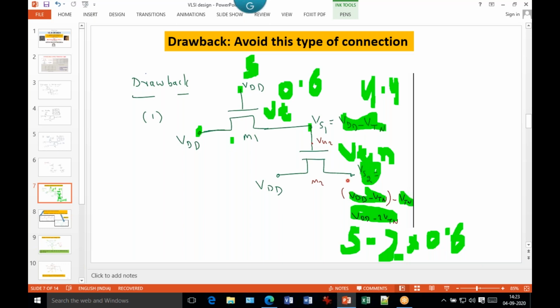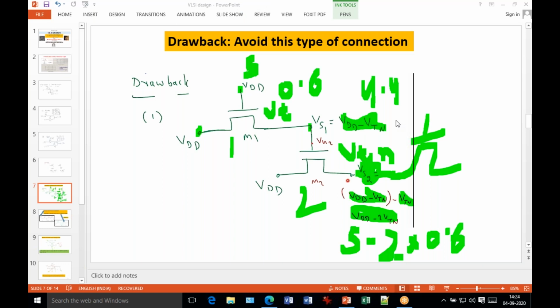Here you are cascading only 2 transistors. But if you cascade more NMOS transistors here, then again your voltage is degraded in this manner. That is the problem in the case of pass transistor logic.